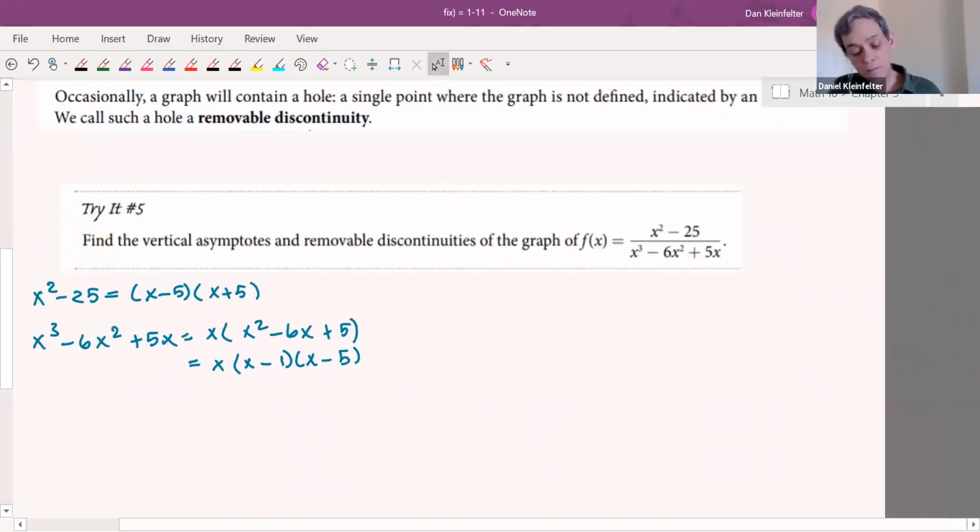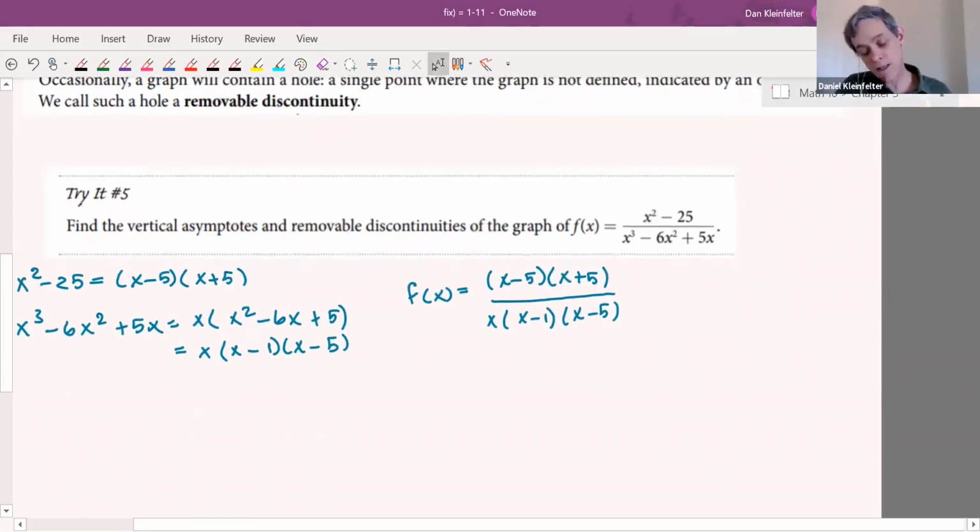Okay, so then we can rewrite our f of x as x minus 5, x plus 5 in the numerator. And then in the denominator, we'll have x, x minus 1, x minus 5.